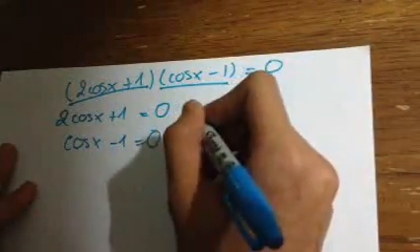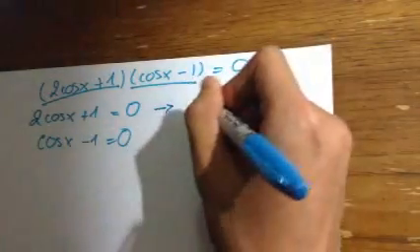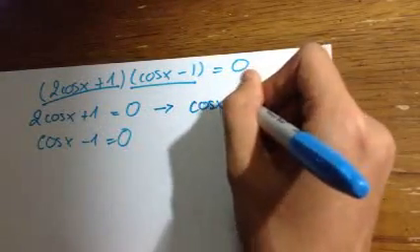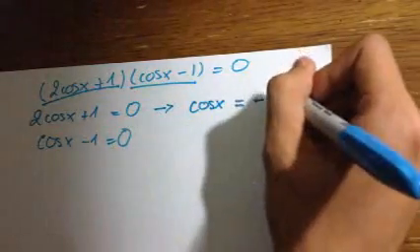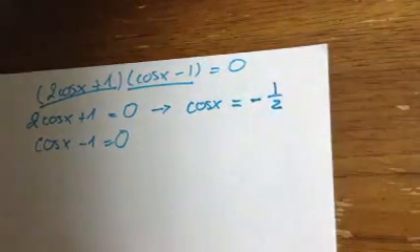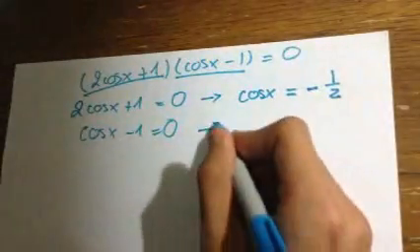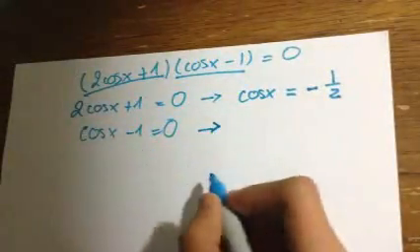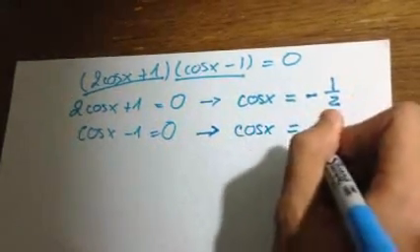Two cosine of x plus 1 we can solve to cosine of x equals negative 1 over 2. Cosine of x minus 1 we can solve to cosine of x equals 1.